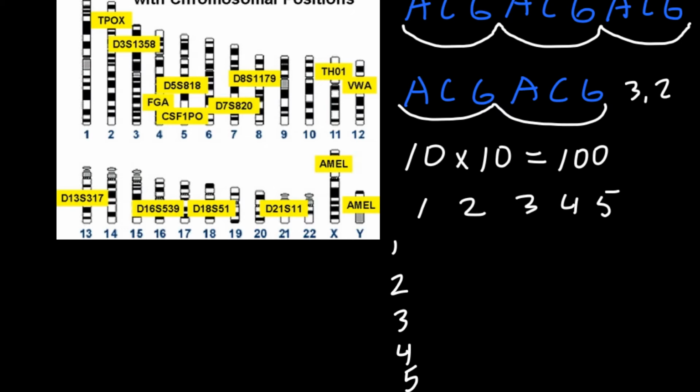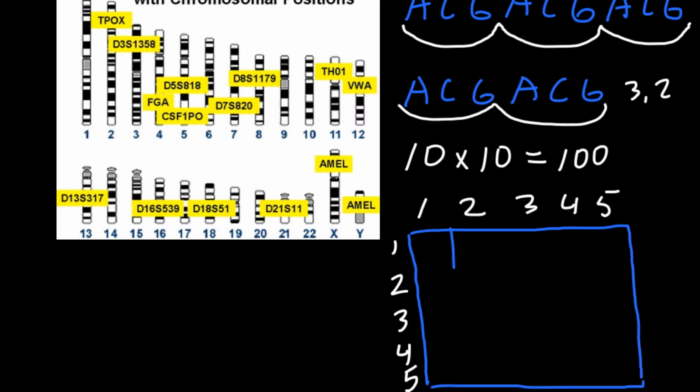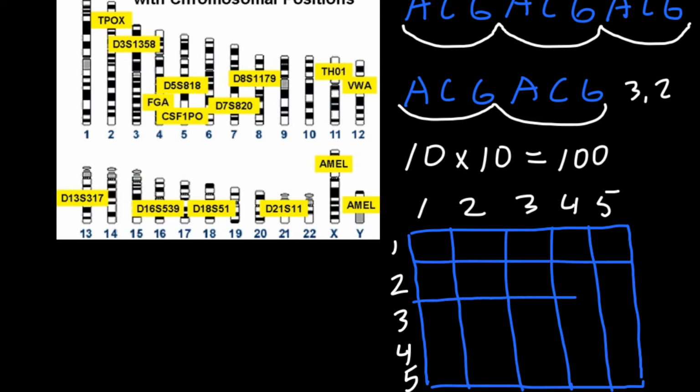So here, let me draw a table. This is going to be 5 by 5, so 25 cells, 25 combinations.